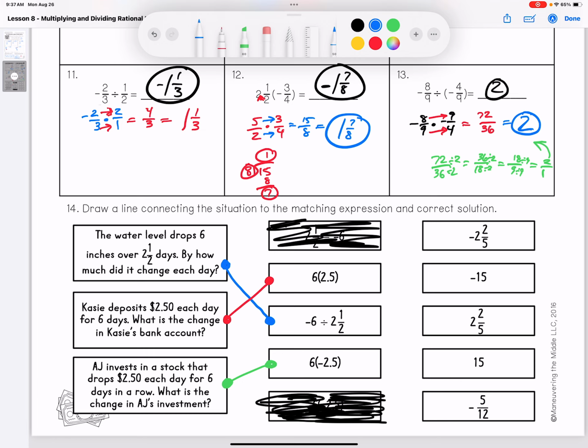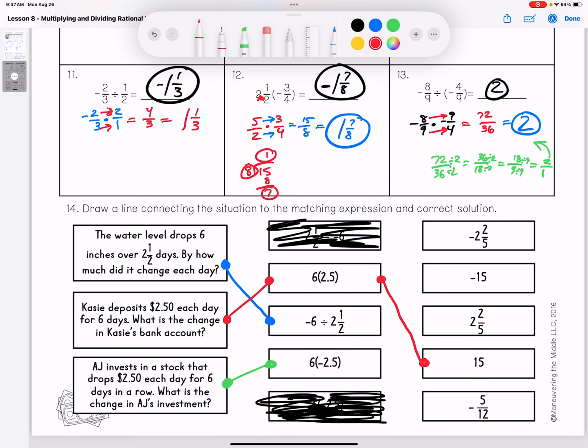Let's just start with the red one, the top one. 6 times 2.5. I know 6 times 2 is 12. So what is the only answer over 12? -15 is not over 12, so that is not it. The only answer over 12 is 15. So I know this is going to match that one without even working it out.